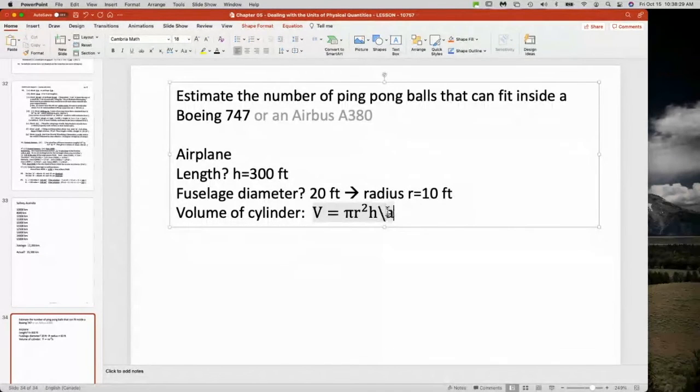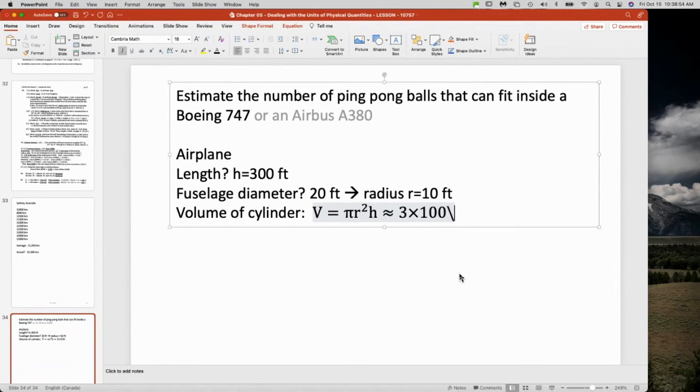So again, we're doing an estimate here, right? This is supposed to be done in your head. So you might be like, John, there's no way that I can do this all in my head. We're going to use easy numbers. What's an easy number for pi? What's a one digit estimate for pi? 3. And then we have 10 squared.